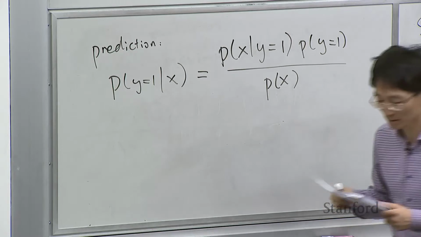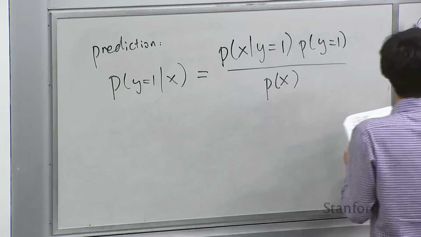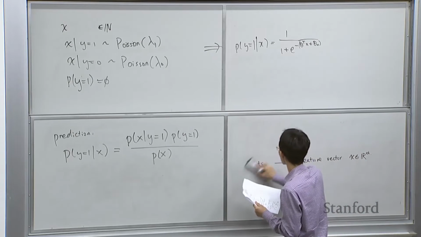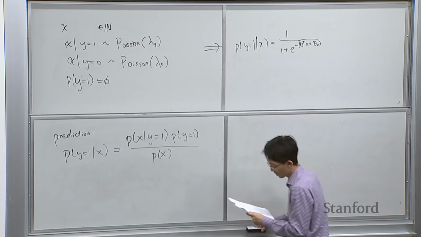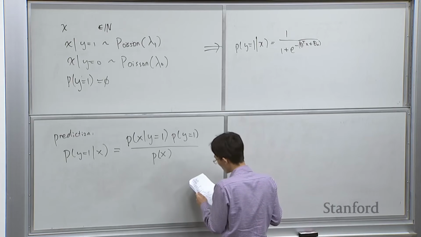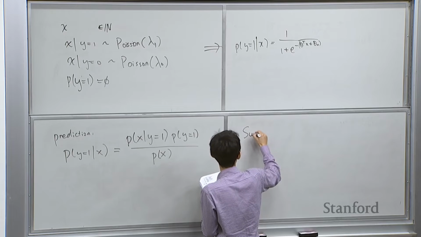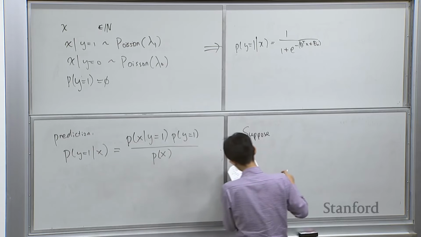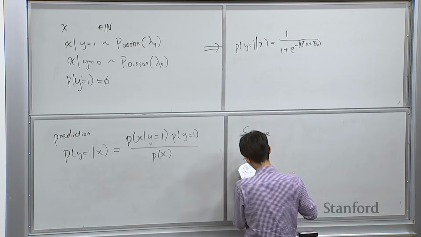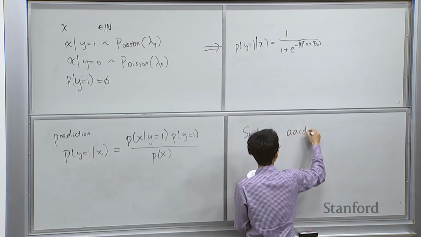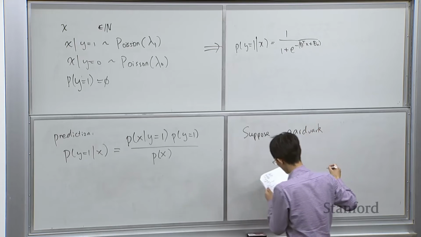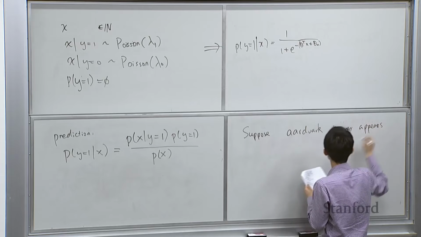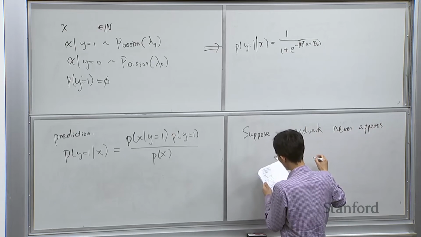And why can that happen? Maybe let me just give you an example. You may think that some example just never shows up. Let me show the example case. So suppose the word aardvark never appears in the training set.